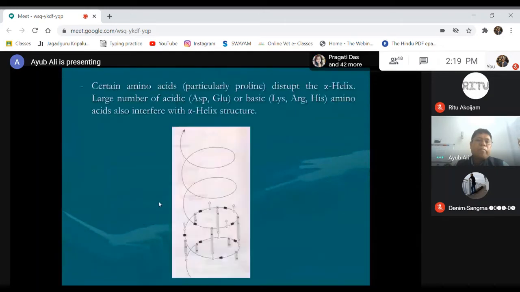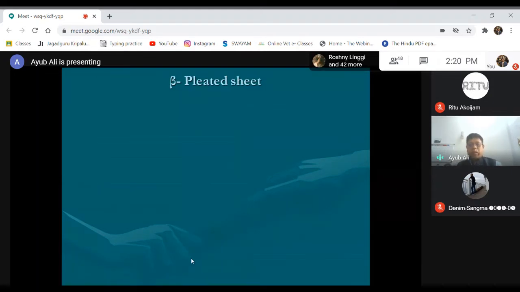So 3.6 amino acids are present in one turn of the helix, and the distance from this point to this point is 0.54 nanometer. Now the second structure is the beta pleated sheet.